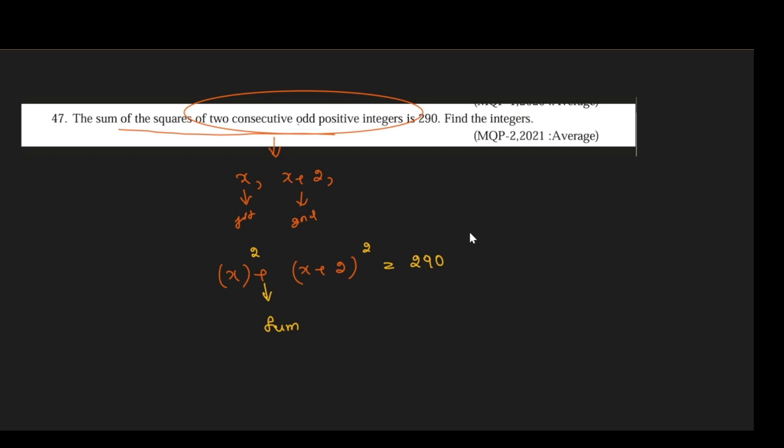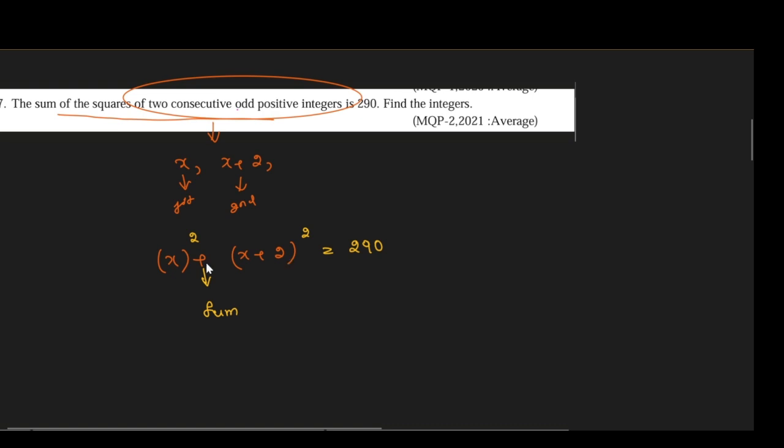Now the rest of the things is all about simplifying the equation and converting it into a quadratic format, and solving that using any one of the methods. So x square plus x plus 2 whole square, that is x square plus 4 plus 4x, is equal to 290, right? Sum of the squares of the two consecutive, everything is correct, is equal to 290.